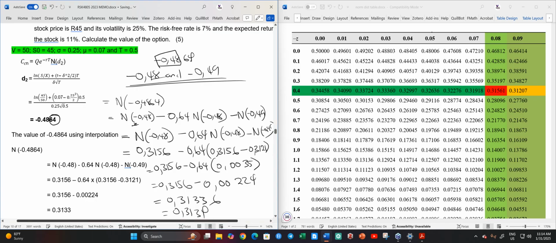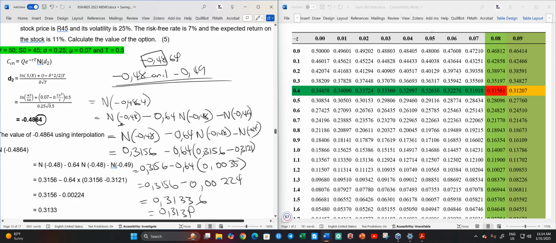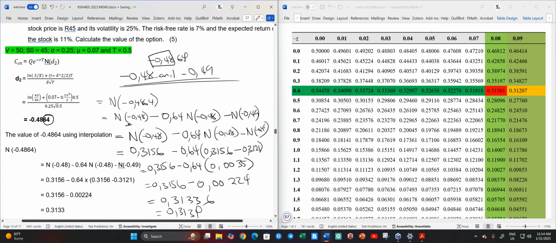All right, it's okay. I think it's just a rounding off, a rounding error, nothing much. So that's what we are getting, right? And we get our answer. This is the same thing that we did here. So that's how we do interpolation. I think it's somehow clear.